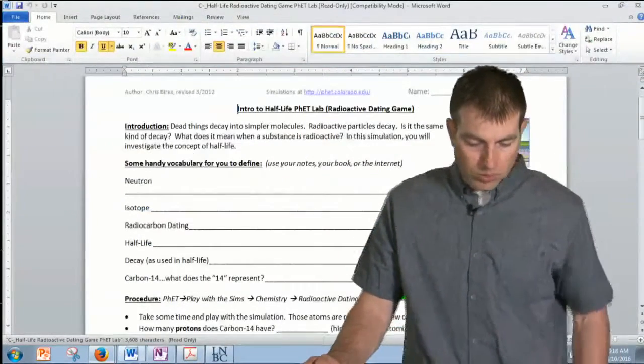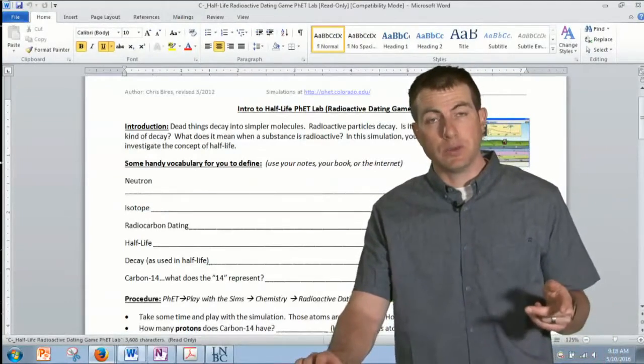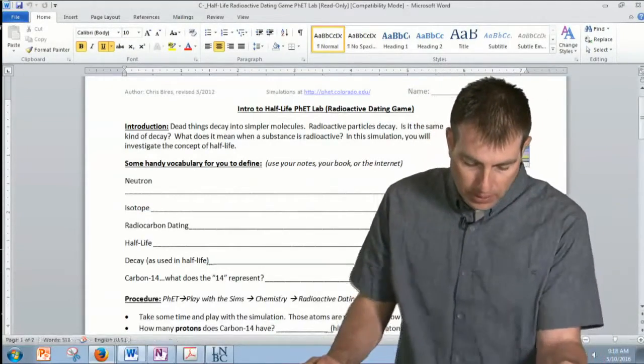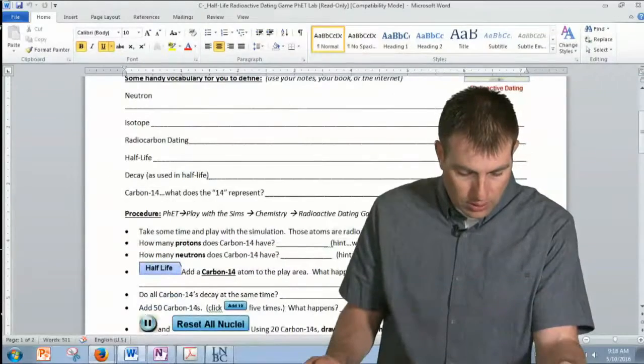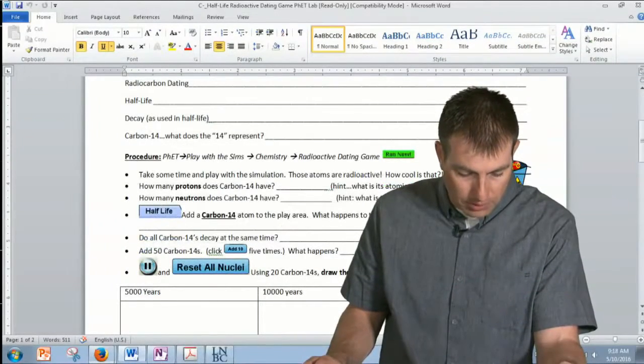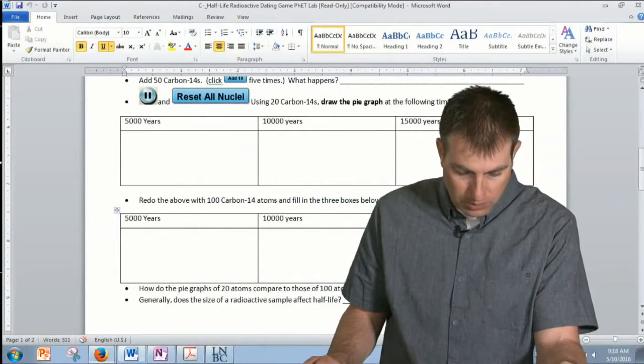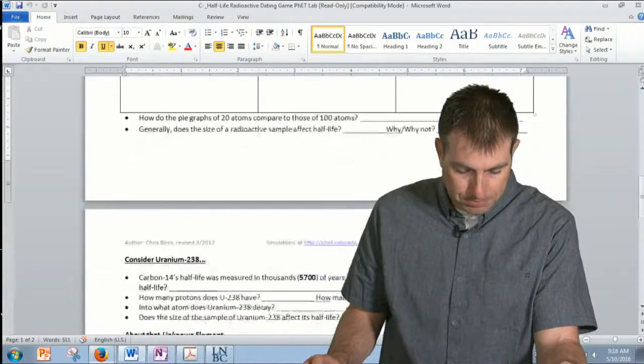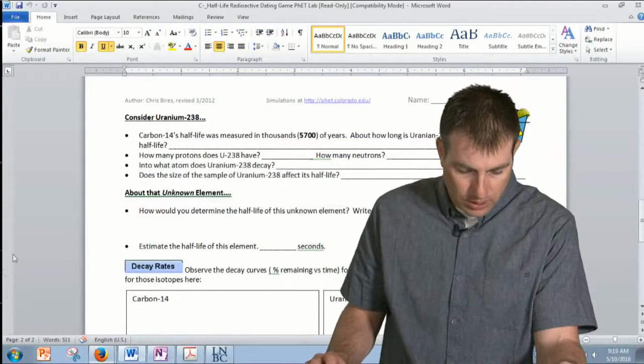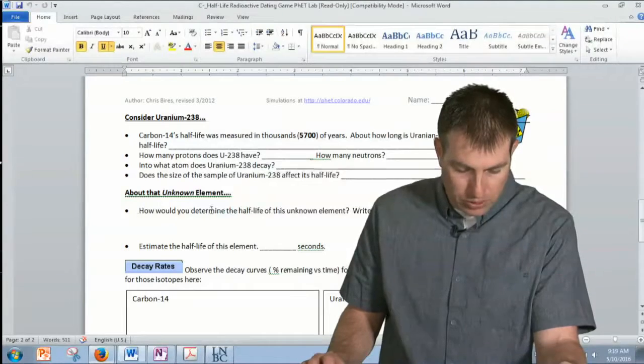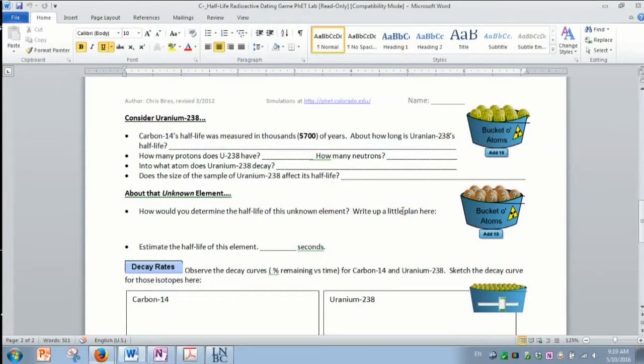All right, so this is talking about the simulation that we went through last day, and half-life of an unknown element. Let's see if I can find where that is. About that unknown element. How would you determine the half-life of this unknown element? Write up a little plan here. Estimate the half-life of the element.